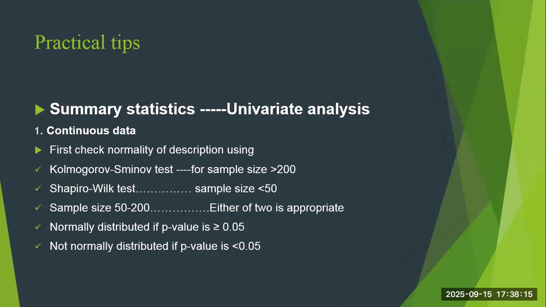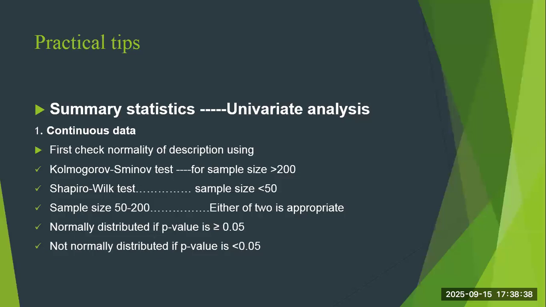To check for normality of distribution, if your sample size is greater than 200, it is preferable to use the Kolmogorov-Smirnov test. If your sample size is small, maybe less than 50, you can try using the Shapiro-Wilk test.